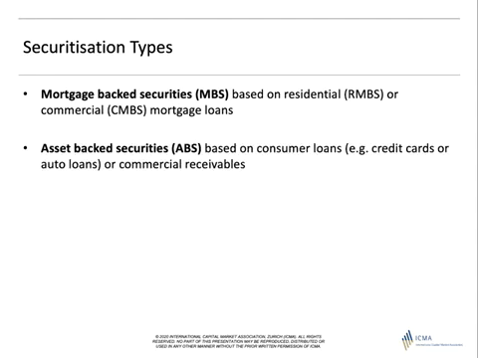There are also securitizations based on a wide range of consumer loans, such as credit cards, auto loans, or student loans. We give the generic name asset-backed securities, or ABS, to these other types of securitization.